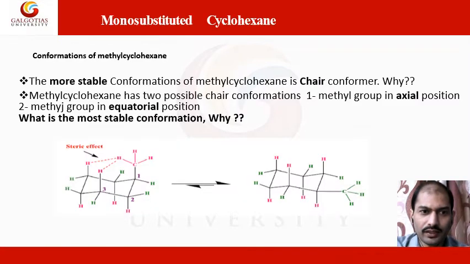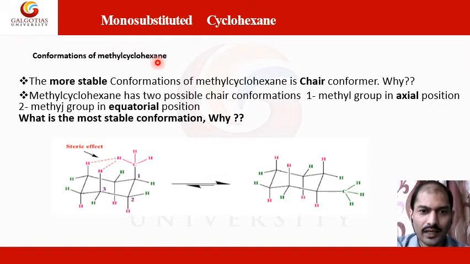From here, let us see the conformation of methyl cyclohexane. This is an example of mono substitution. As we discussed in the case of cyclohexane, it has different conformations, different forms.